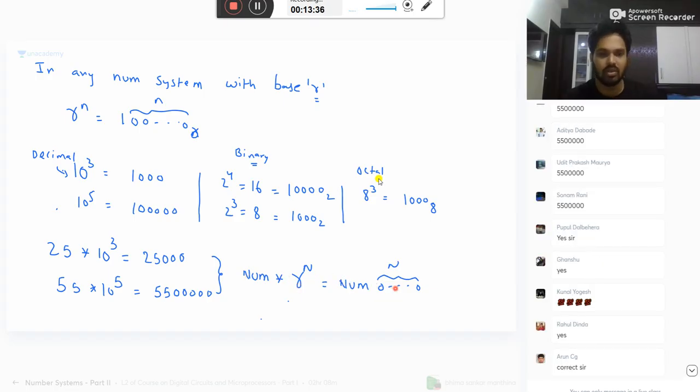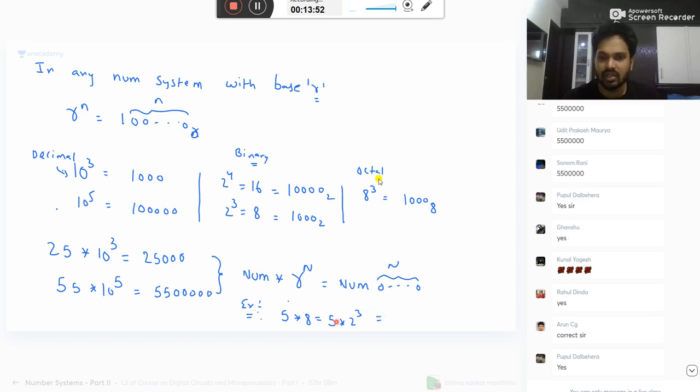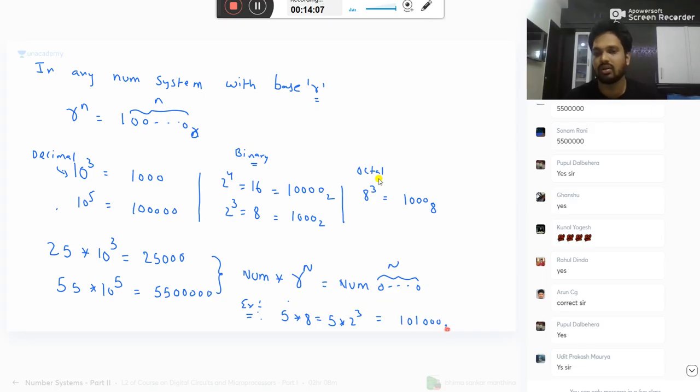Very good, Kunal. So, for example, you have 5 into 8. Can I write 8 as 2 power 3? Yes or no? 5 into 2 power 3. You try to convert into binary and check it. 40 is equal to this much. Okay, 5 into 2 power 3, where 2 is the binary base, r power n. So 5 is 101, and 3 zeros will come. This is the shortcut.